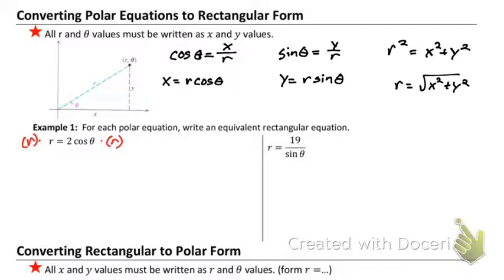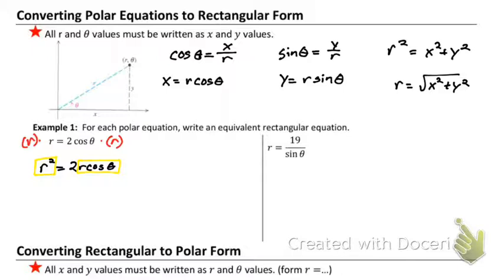And that's going to give me r squared equals 2r cosine theta. Well, now I have this r cosine theta. Well, r cosine theta just equals x. I'm also going to notice that we have an r squared.